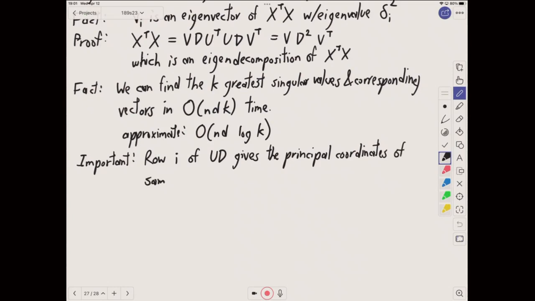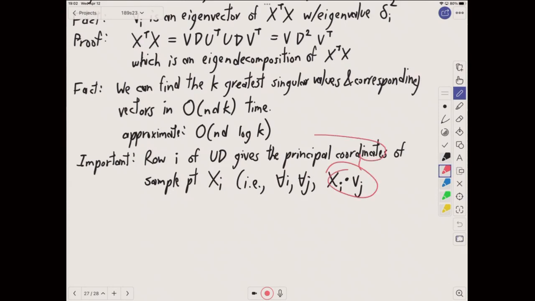Specifically, when you have an input sample point x i, remember that when you project that down to k-dimensional space, you're giving it k principal coordinates, which are of the form sample point x i dot product with principal component v j. That dot product, I'll remind you, is called a principal coordinate and is essentially our way of plotting the lower dimensional space.